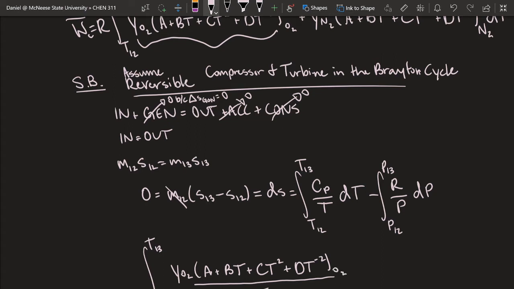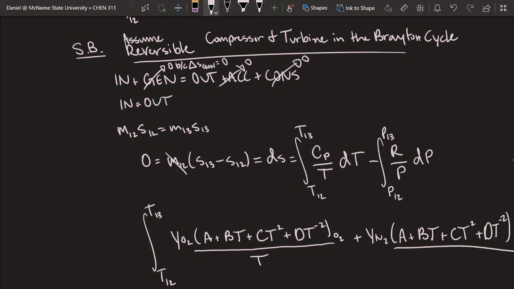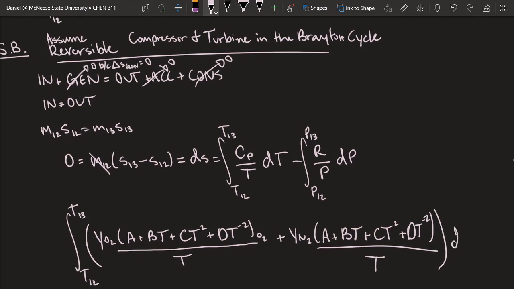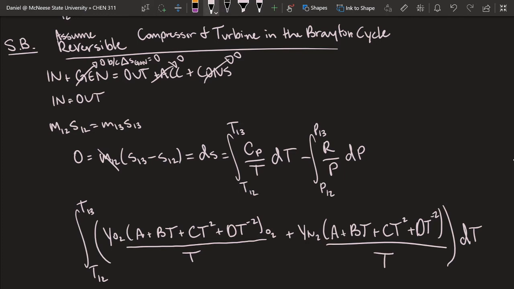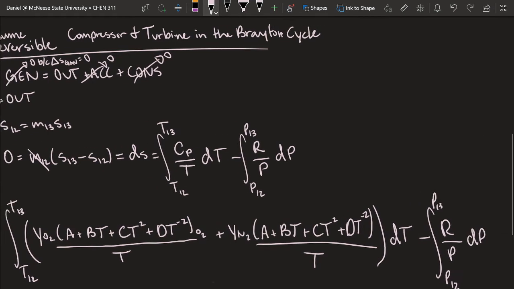And you do the same thing for nitrogen. Okay, and then you just tack on the end of that, which is this part, minus R over P. All right. So are there any questions about that?